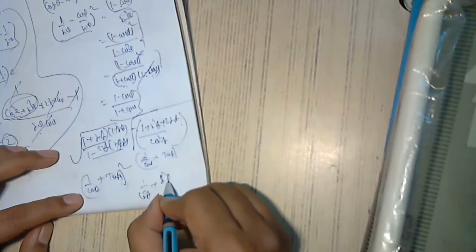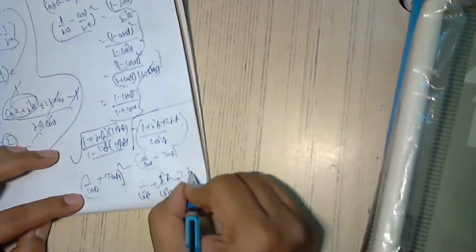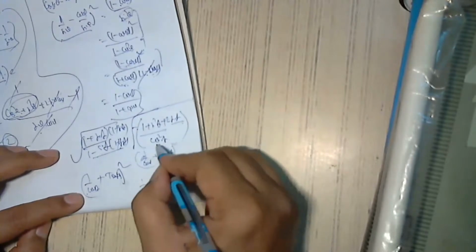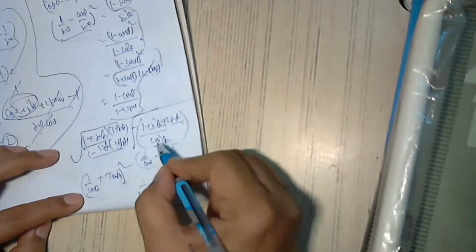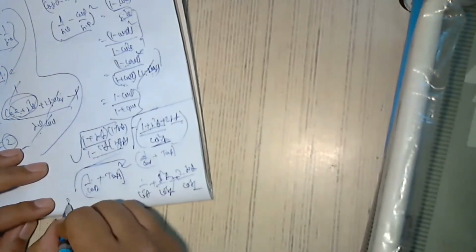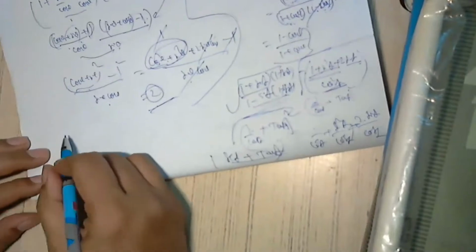Tan square means sin square a by cos square a, plus 2 into tan a into 1 by cos a, that is 2 sin a by cos square a. So 2 sin a by cos square a, sin square a by cos square a, 1 by cos square a. So this is whole square. When the root and the whole square get cancelled, 1 by cos a is secant a plus tan a, the answer. So you should be able to visualize what is there.